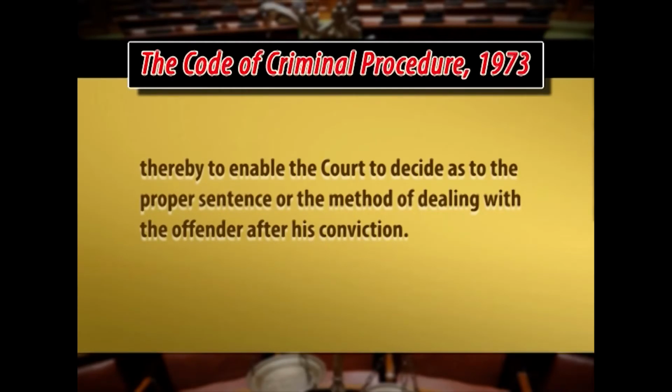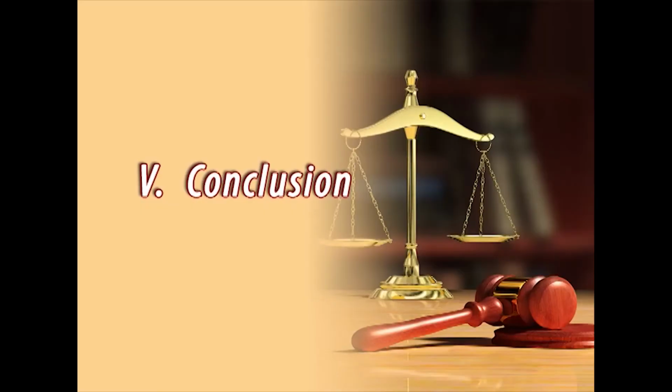In case the offender is not so released, the court shall hear him on the question of sentence and then pass a sentence on him according to law. The object of hearing the accused on the question of sentence is to acquaint the court with the social and personal data of the offender, and thereby to enable the court to decide the proper sentence and the method of dealing with the offender after his conviction.